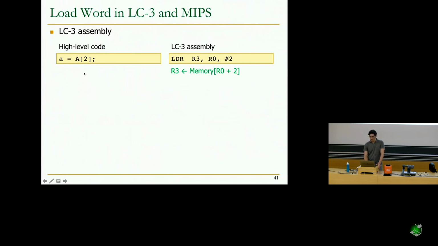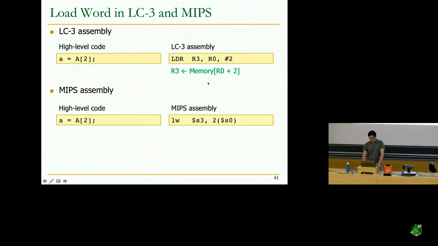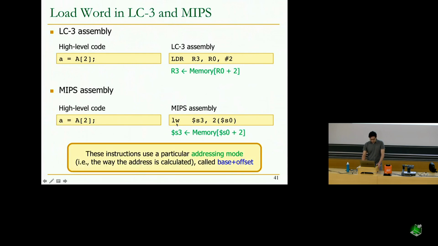And then we have the index, which is this 2, that is called an offset. This is the semantics of this assembly instruction. And for MIPS, it's very similar, and actually the semantics is exactly the same. These 2 are equivalent, LDR in LC3 and LW in MIPS.